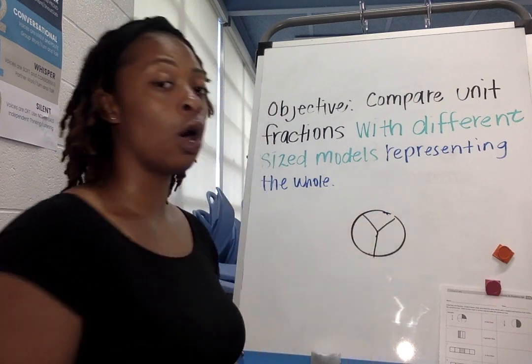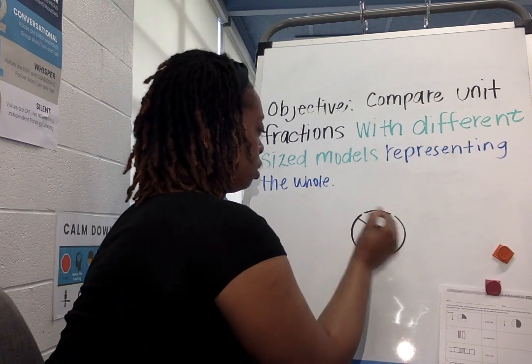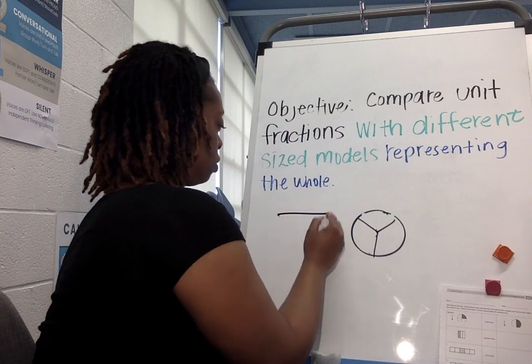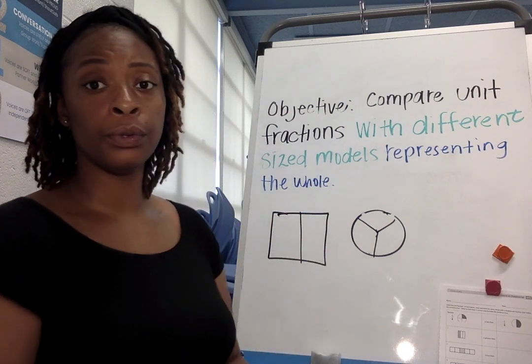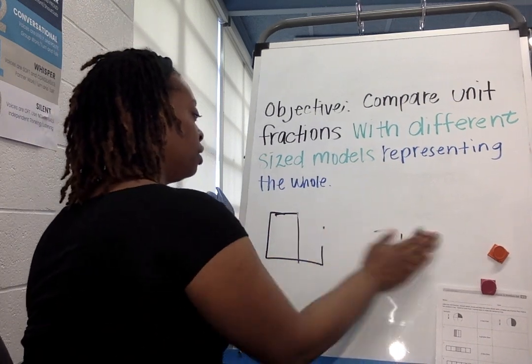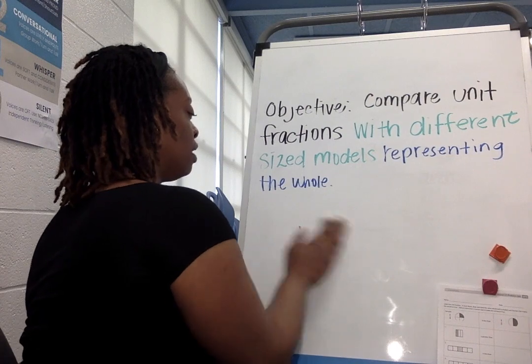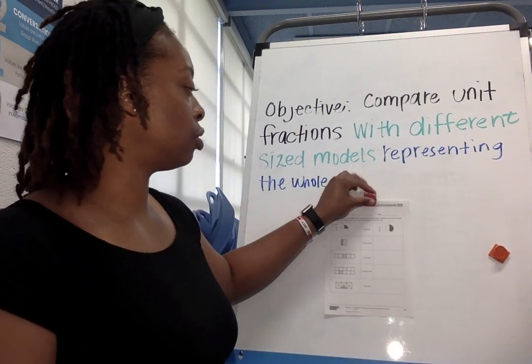The circle represents the whole. Okay. If you have a square where you're showing halves, the square represents the whole. Okay, so just know that the entire shape represents a whole. So we're comparing fractions today, looking at different size models or different size shapes. Okay, so let's get started.